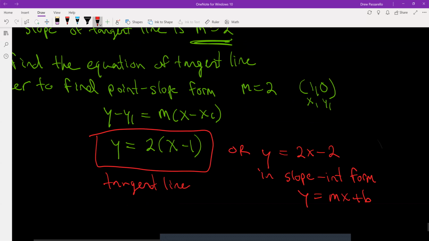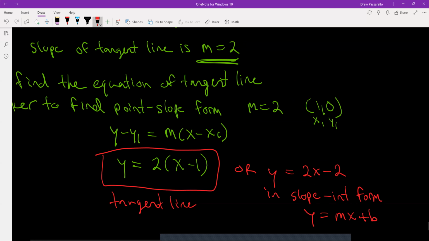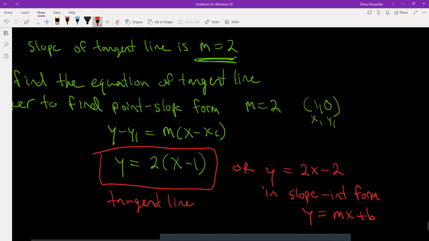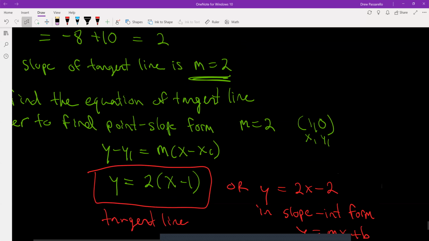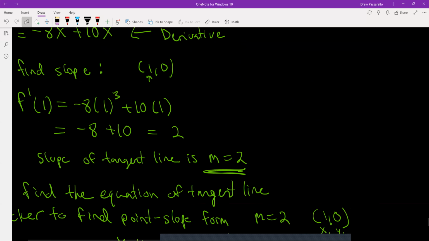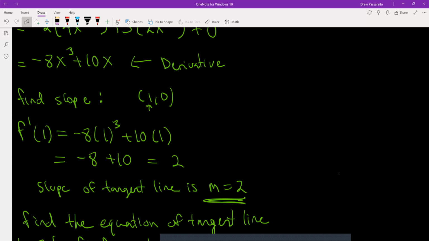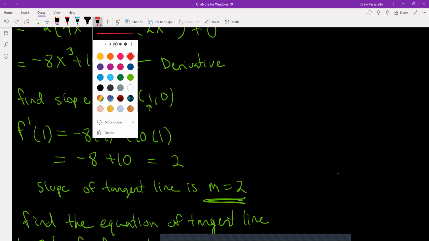So either point slope form or slope intercept form is fine. You could also put it in the general form, but I don't see why, it would just be more steps to do that. All right, so I'm going to do one more like this where I'm finding the tangent line.